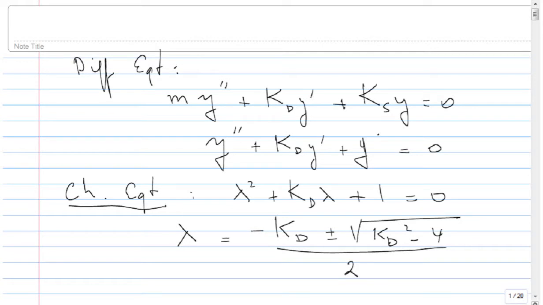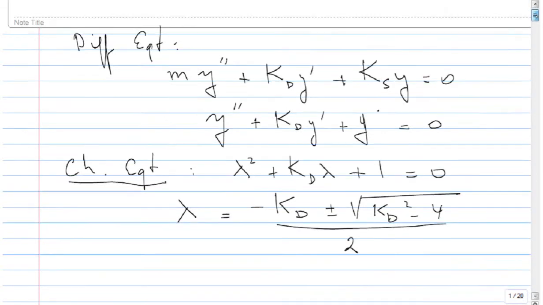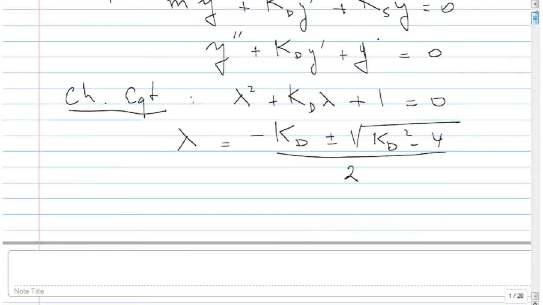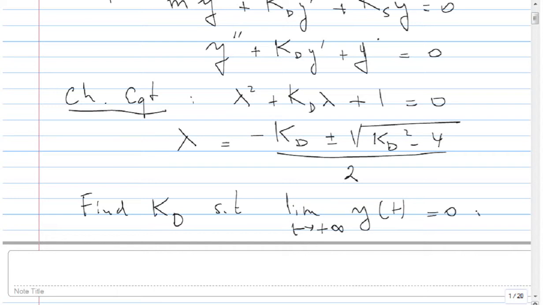So now the question is, for what values of kd does the solution go back to the equilibrium point, meaning that the limit of y of t is equal to what? To 0. So the question here is, find kd such that the limit of y of t when t goes to plus infinity is equal to 0.